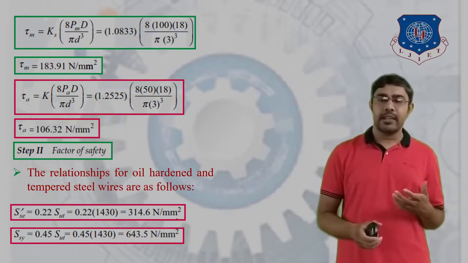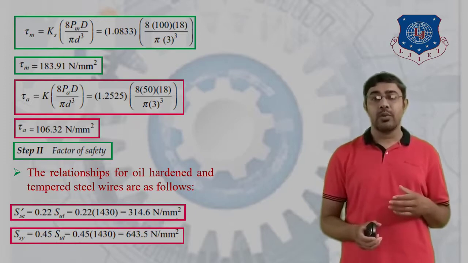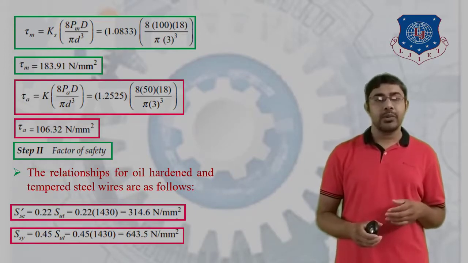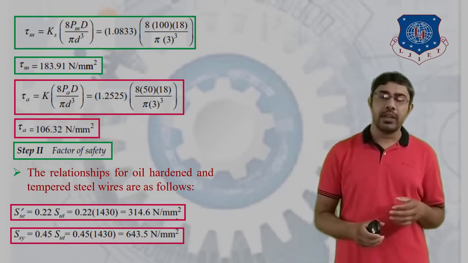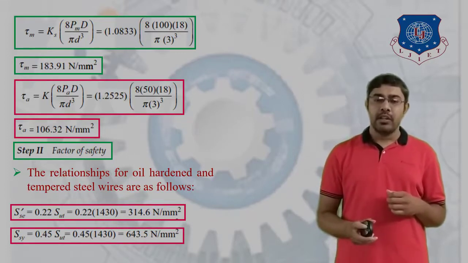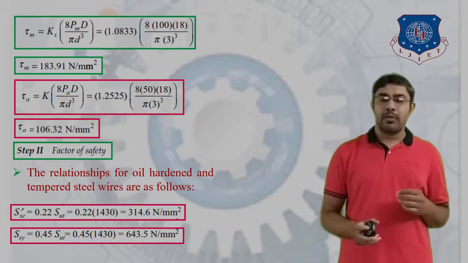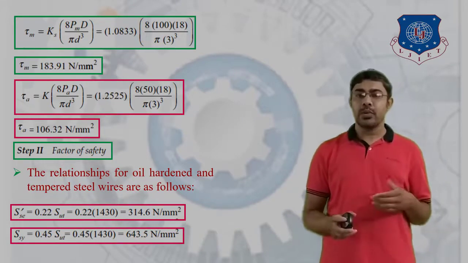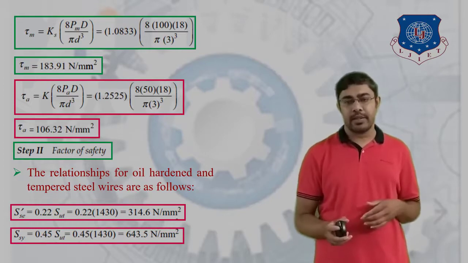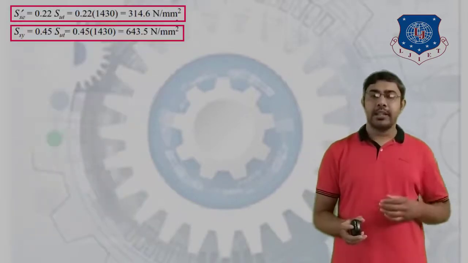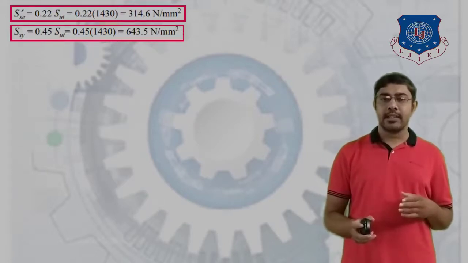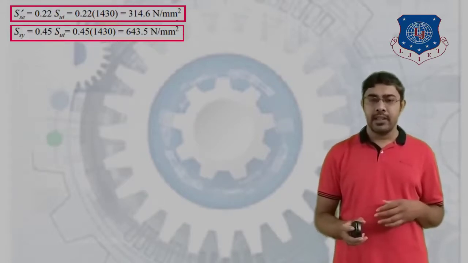If we place SUT as 1430 Newton per mm square, we get SSY equal to 643.5 Newton per mm square. So these values of S dash AC and SSY we have to use to calculate the factor of safety.